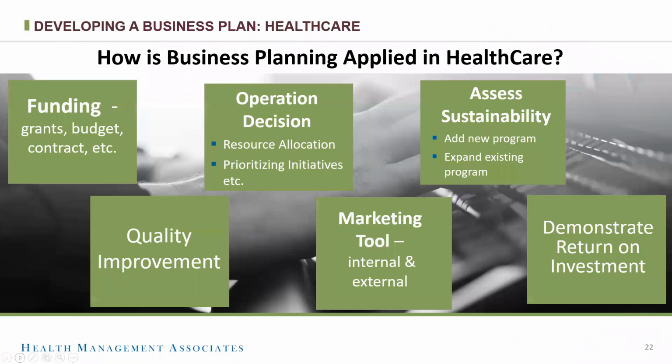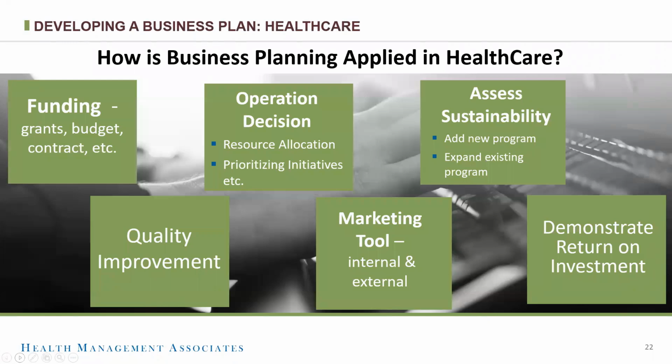Here is how business planning applies in healthcare. I mentioned funding earlier. The sources of funding may vary from your typical business funding. In healthcare, your target funding mechanism may be through grants, contracts, cooperative agreements, healthcare payer avenues, or your organization's budgeting avenues.